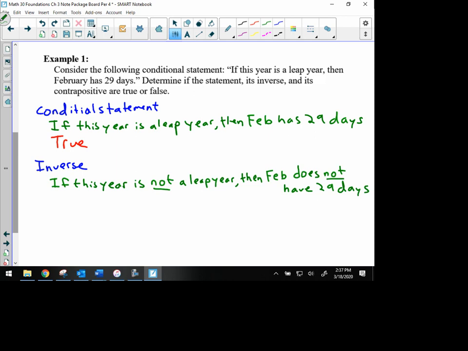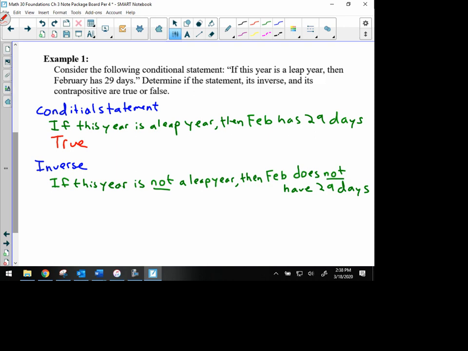And we think about that as well. We can kind of go in circles here, kind of get dizzy a little bit sometimes thinking about this. So we take it slow and try and process each part of the statement here. So if this year is not a leap year, for example, next year or last year, 2019, not a leap year, you look at the calendar, February does not have 29 days, right? So if this is not a leap year, February does not have 29 days.